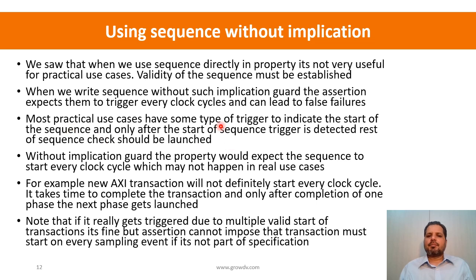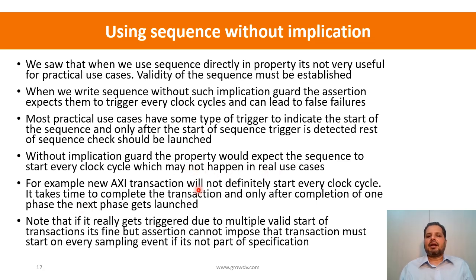Most practical use cases have some sort of trigger to indicate the start of a sequence, and only after the trigger is detected do you need to check whether the rest of the sequence is taking place. Without the guard, the sequence is expected to start on every clock cycle, which is not going to happen in real scenarios.